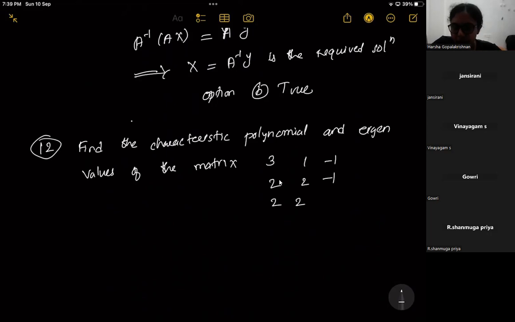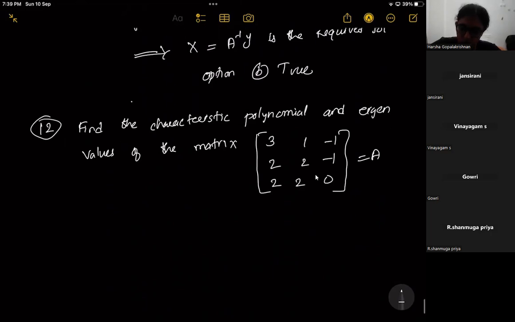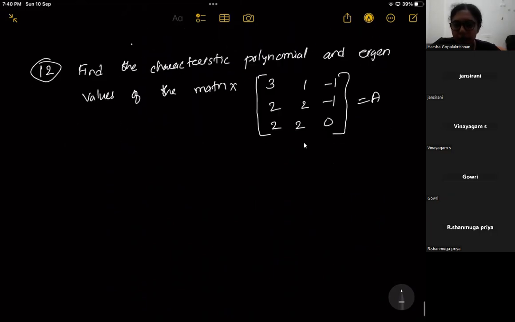Okay, a square matrix is given, so let's call it A. We need to find the characteristic polynomial and eigenvalues of the matrix. What is the procedure? In the diagonal, we should subtract lambda.